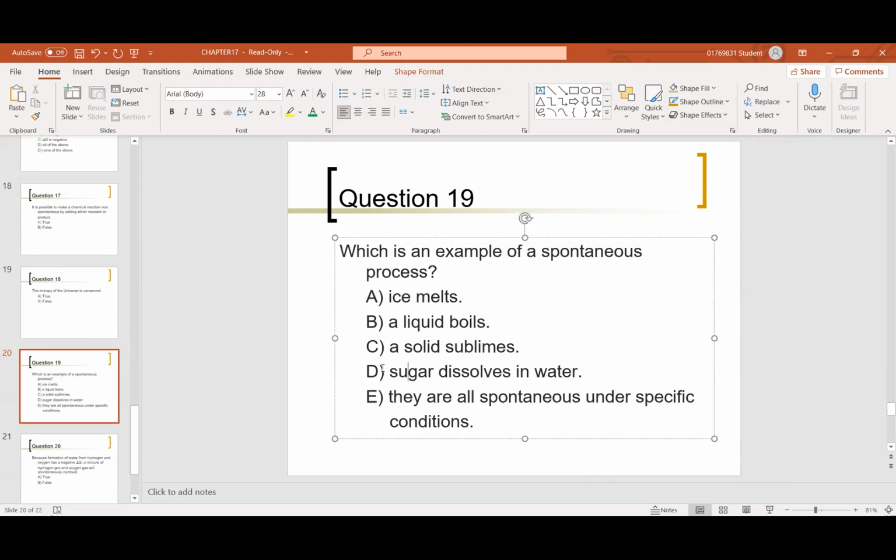Which is an example of spontaneous? I think sugar dissolving in water, because when you dissolve it in water, you don't really need to heat up the water. When you add heat to ice, it melts.